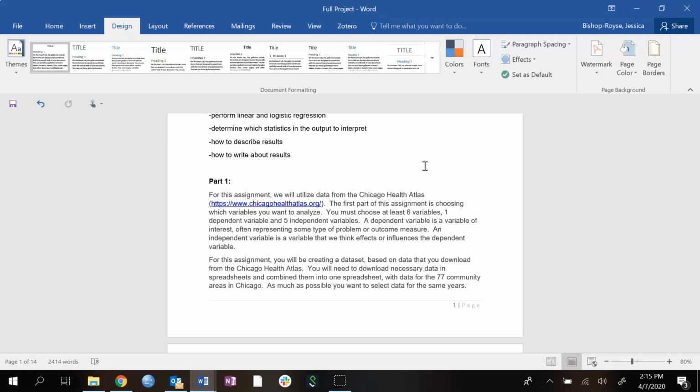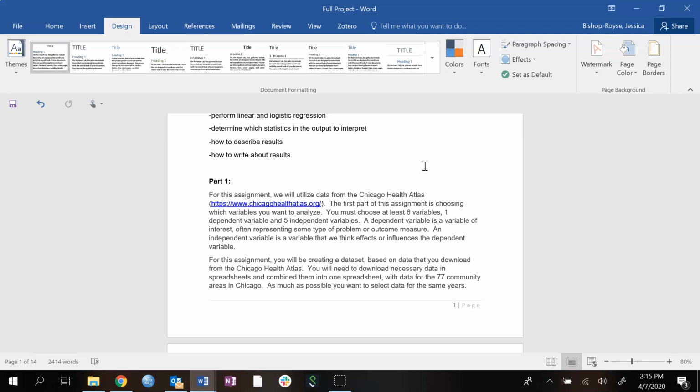Or you might say per capita income is interesting for this relationship. If you're interested in breast cancer mortality, you might think that community areas with higher per capita incomes are likely to have lower breast cancer mortality rates. The main focus you want to keep is on the dependent variable. The independent variables are the things that we think are going to be related to that.